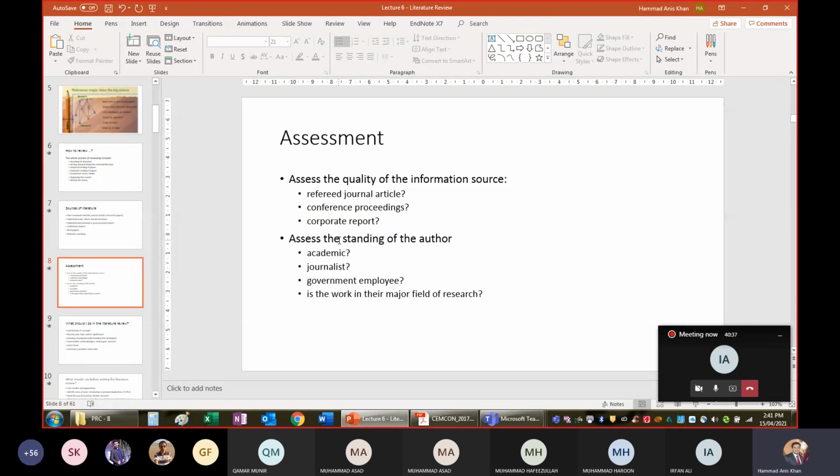Is he an academic or a government employee, or where does he work? Is he a journalist? You can assess the quality of a paper based upon the standing of the author. If a person is from academia and from a good university, this means he must have better resources and good quality results. So you can assess on that as well.